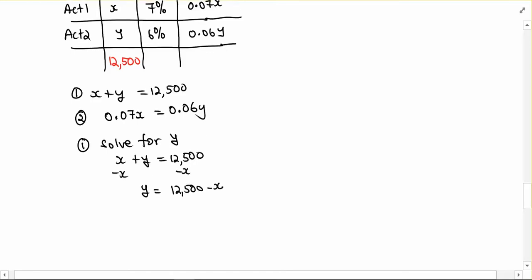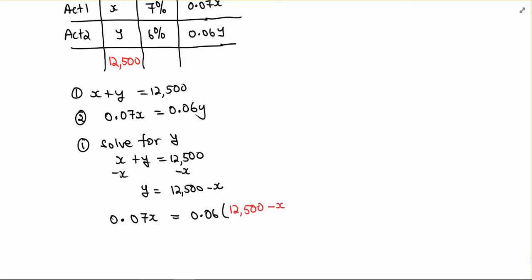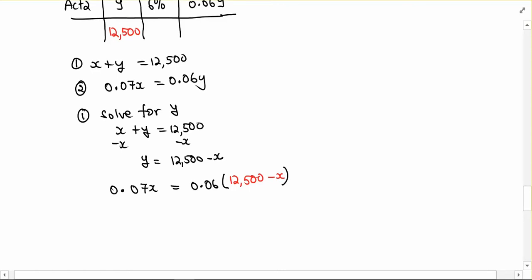And then I'm going to substitute that into number 2. So instead of y, I'm going to put in 12,500 minus x right there. So distribute, that's going to be 12,500 times 0.06. So right there is 750 minus 0.06x.